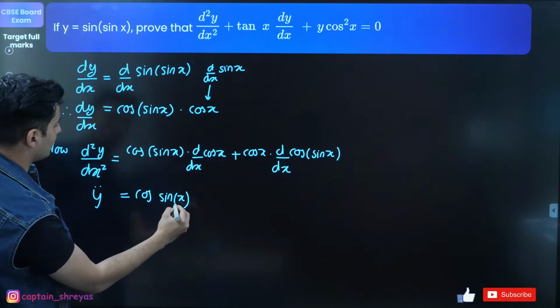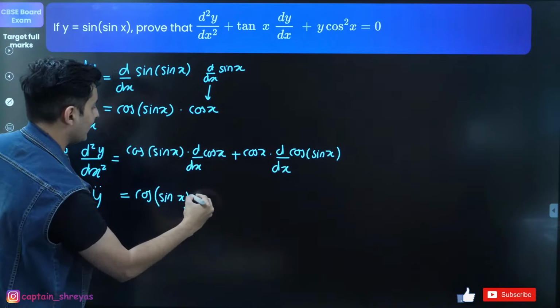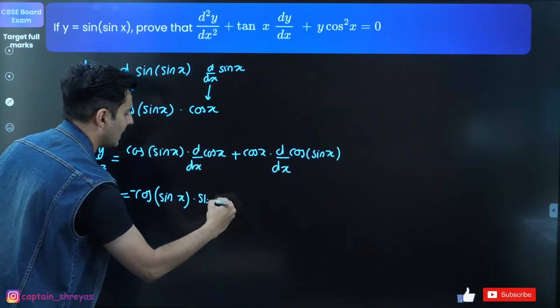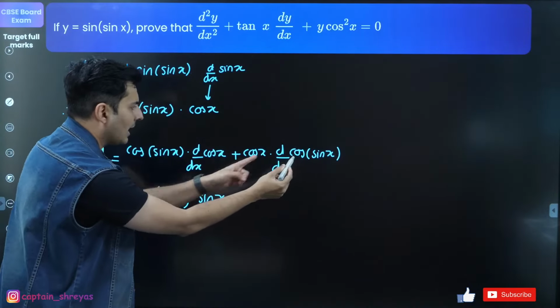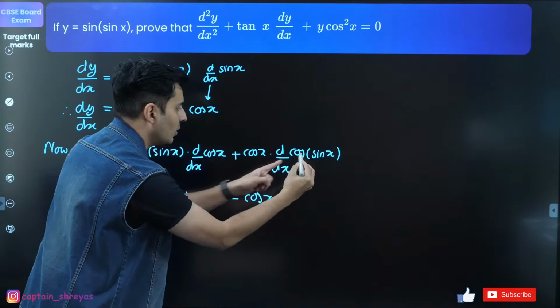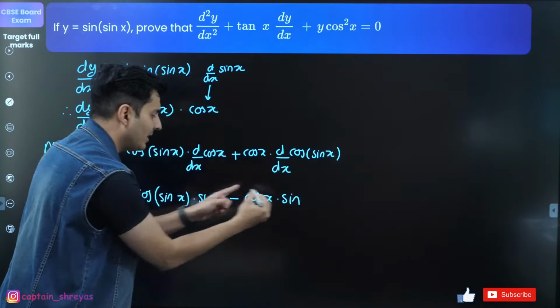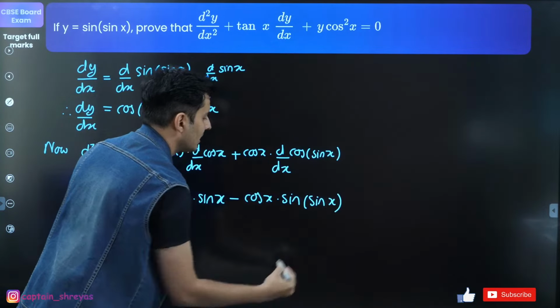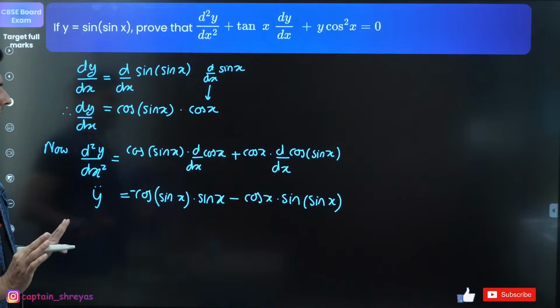Cos of sine of x into derivative of cos x is minus sine x. So I'll put minus and I'll put sine of x over here. And again, derivative of cos will become minus sine. So it will be cos x into cos's derivative is sine with a negative value, so into sine of sine of x. That's it. So this is what the second derivative is.